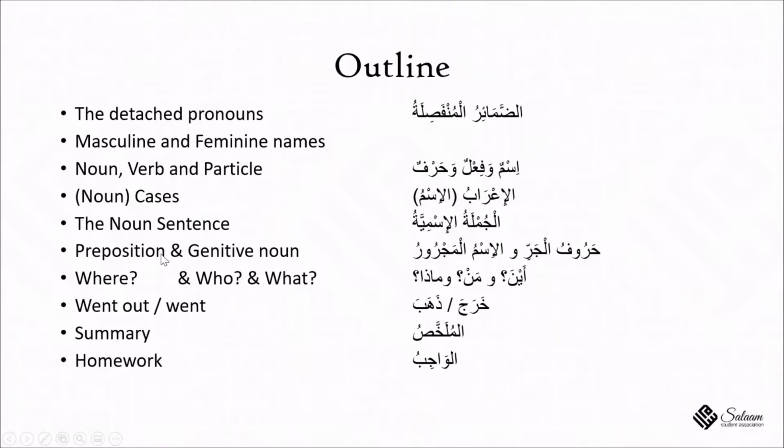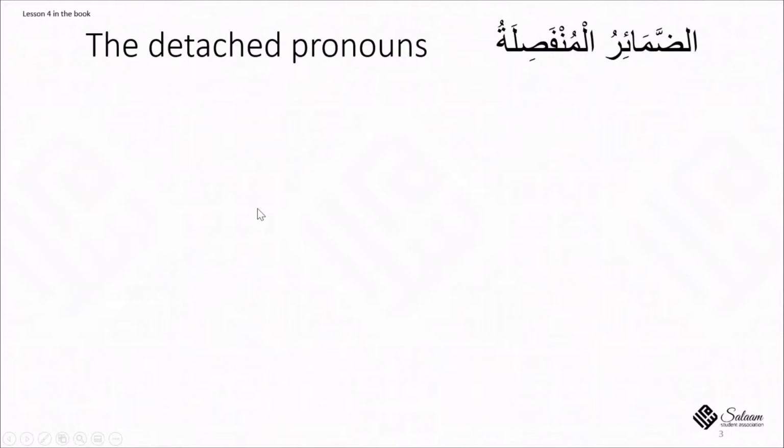Some prepositions, called a genitive noun. More question words: where, who, and what. Also, who and what we had before, but this is another one. We will discuss a verb called went out or went, which is kharaja and dhahaba, and a summary and the homework, inshallah. So the first thing, we're going to go through the detached pronouns.